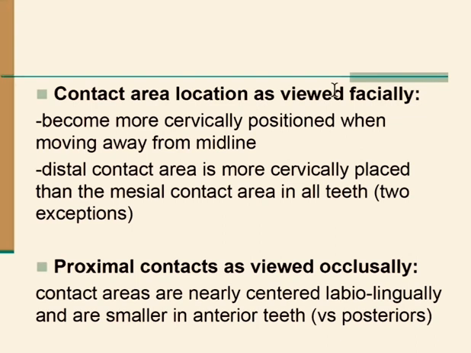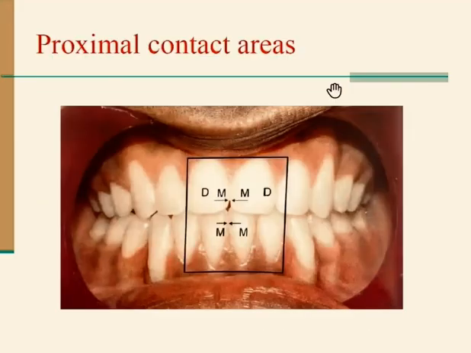Now, as viewed from the facial side, the relative position of the contact areas, labial or buccal, cervico-incisally or cervico-occlusally. You will need to know where the contact area is and how it changes going from anterior towards posterior.